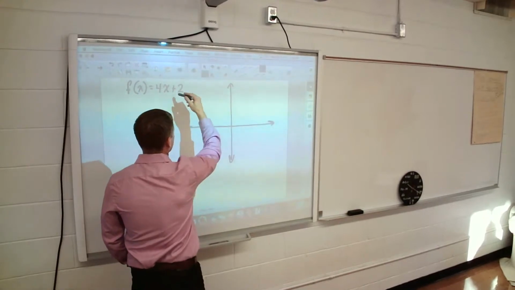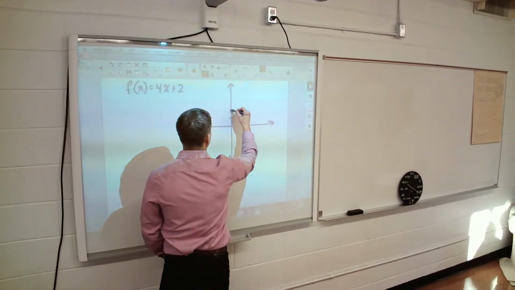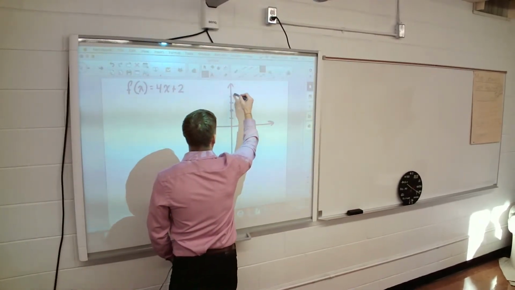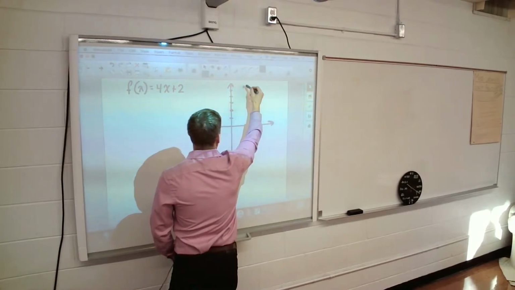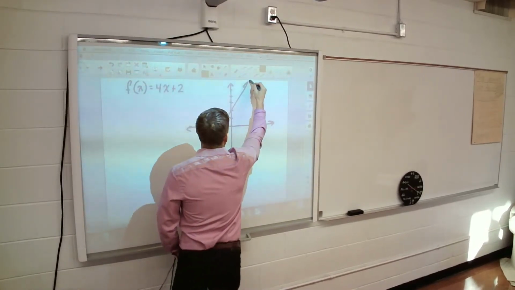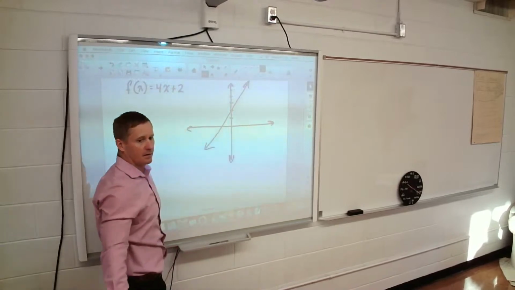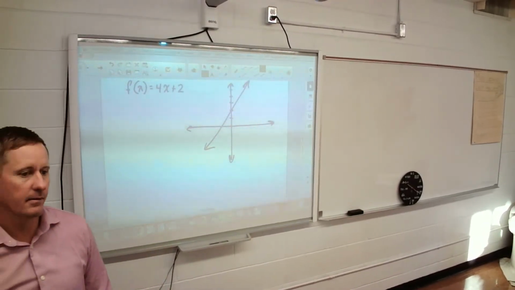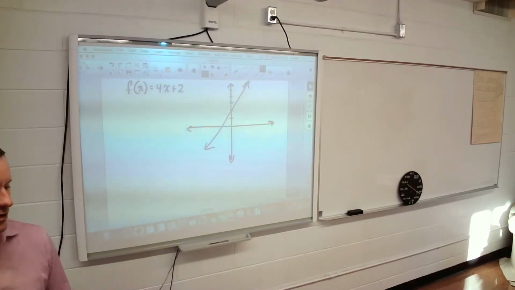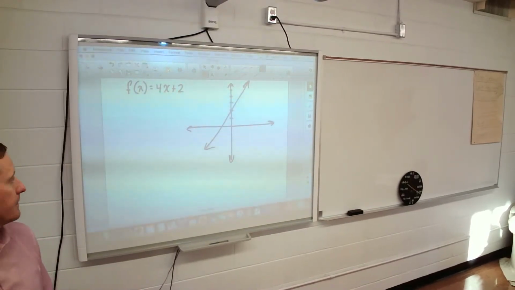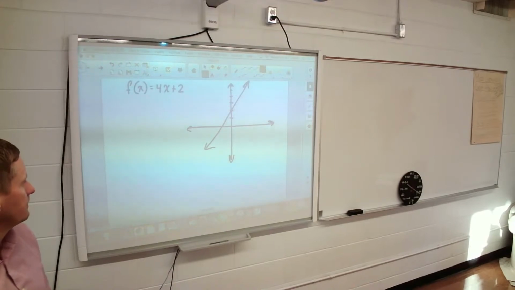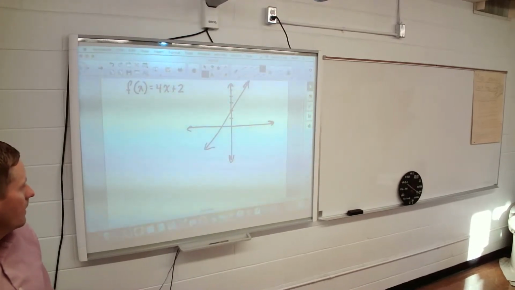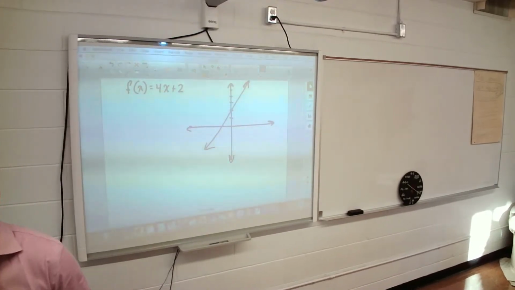So this is 4x plus 2. So I go to 0 and 2, which is right here. I go up 4, right here, and then I draw my line. Okay? So that's graphing a line. Remember, I go y-intercept and then use my slope to tell me where I got to go, right? So 4x plus 2. Okay? We good so far?